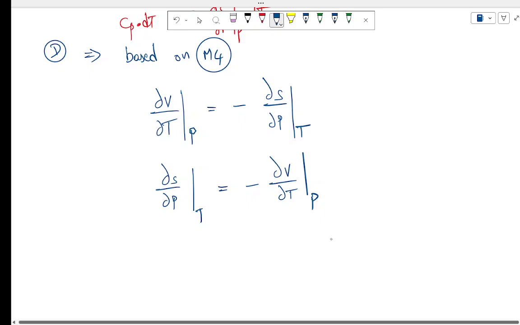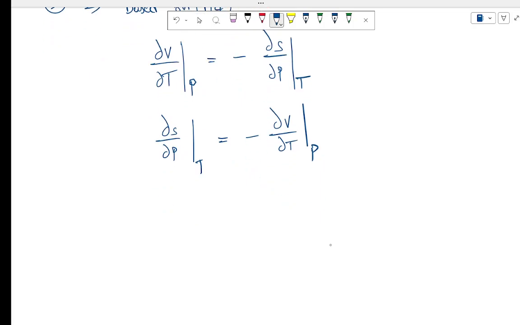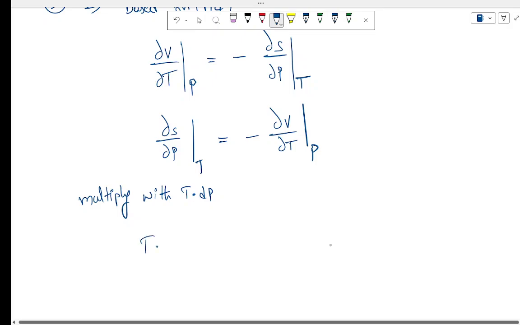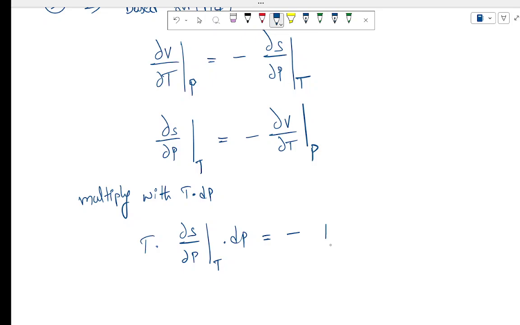So this is the expression I have, and in order to further transform it, I will multiply with TdP on both sides. So if I do that, what I'll get here is T into ∂S/∂P at constant temperature into dP is equal to minus of temperature into ∂V/∂T at constant pressure into dP.